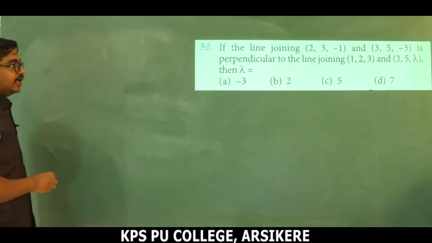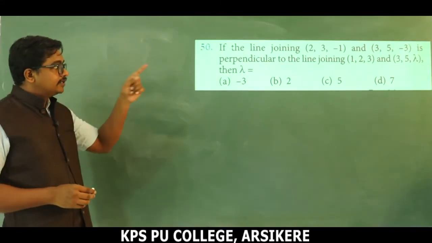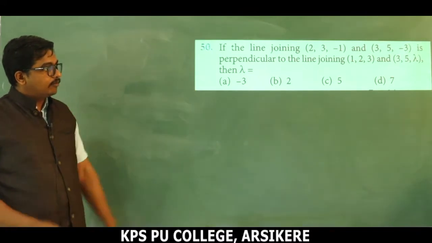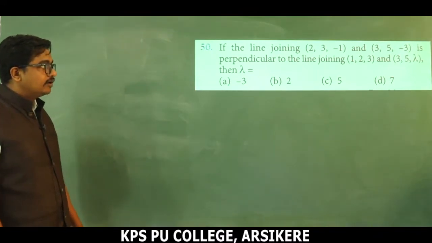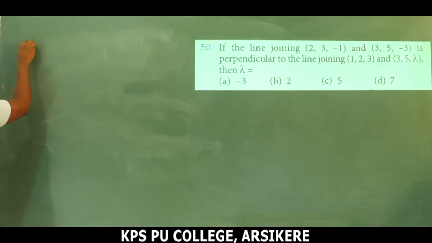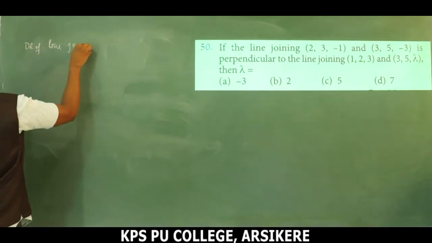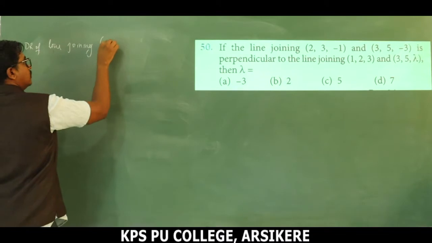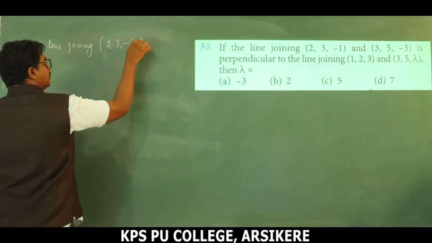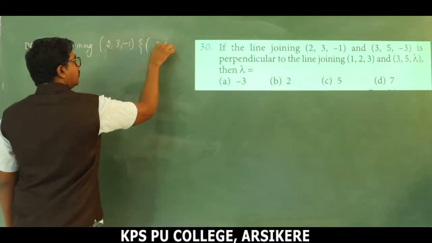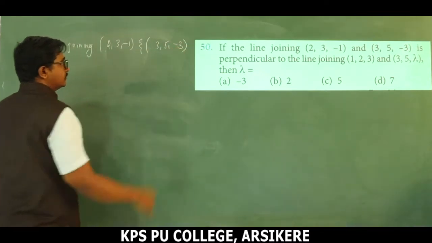So first we have to find the direction ratios of the line joining the points 2, 3, minus 1 and 3, 5, minus 3. Just observe the formula.